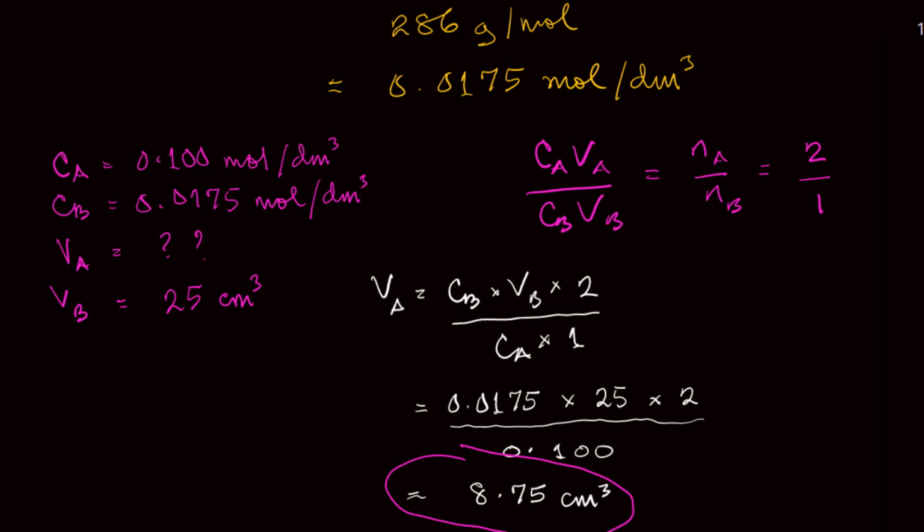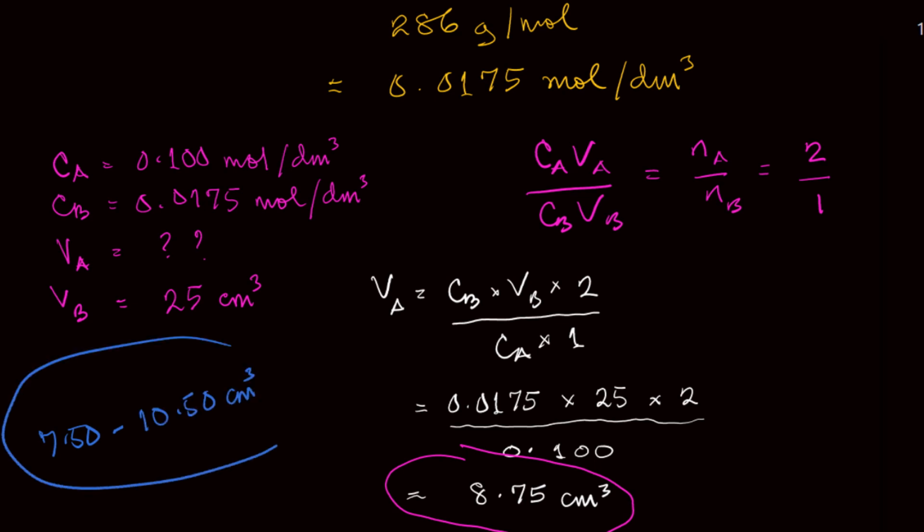So practically you are expected to get a value between 7.50 to 10.50 cm cube as your titer value. Get anything within this range, then you are good to go. Although even if you get beyond this range, provided you do the correct thing, there's no problem. Whatever you get, record it. But this is just to serve as a guide on what to expect while you carry out your practice.